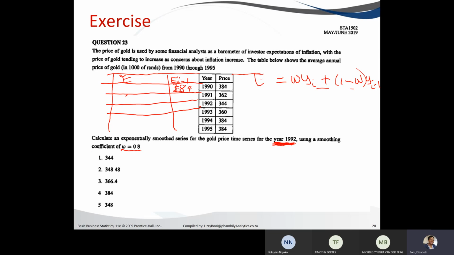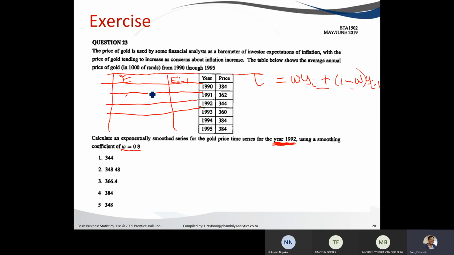Now, doing number 2, maybe I must change my colors, let me change my color to blue. Let's use a dark one.